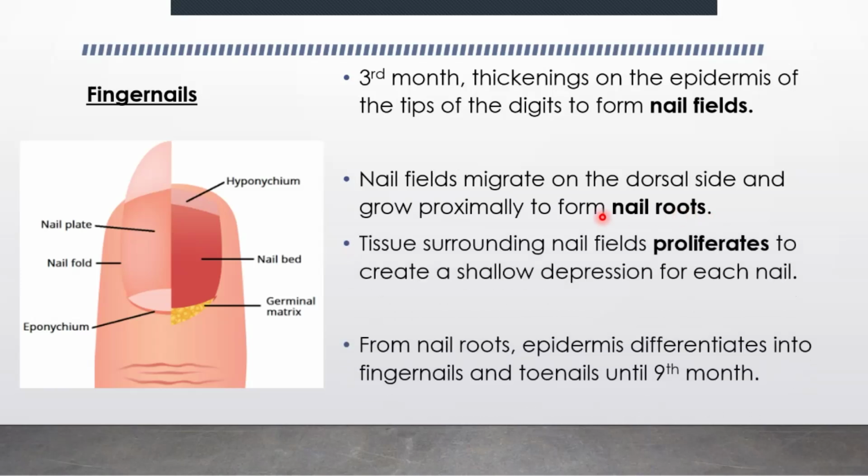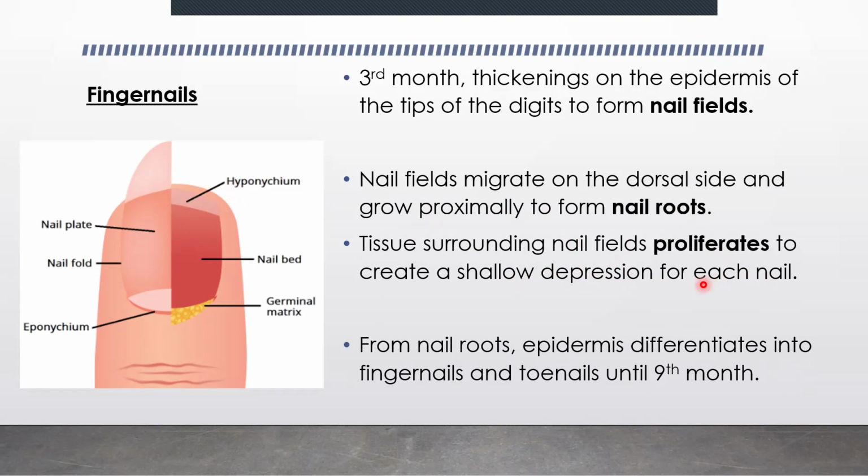Then the tissue surrounding the nail fields will proliferate. So the nail fold, eponychium and hyponychium will be formed due to proliferation of the skin cells surrounding the nail plate, forming a shallow depression for each nail.